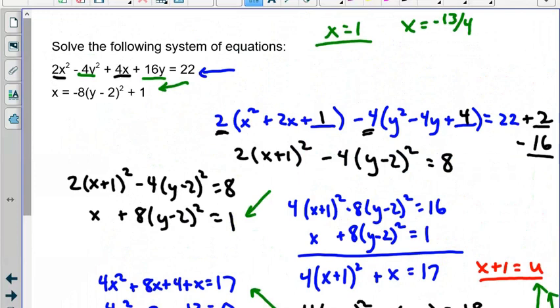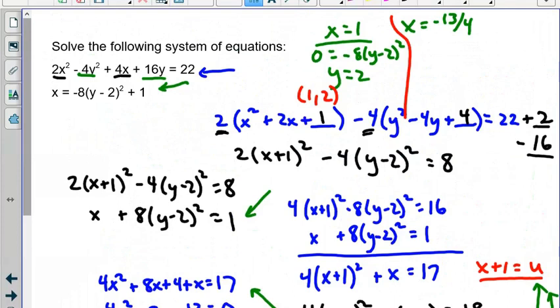So if x equals 1, we have 0 equals negative 8 times y minus 2 squared. That's what happens after you subtract 1 from both sides. So clearly y would have to equal 2 in that case, because the only way that that would equal 0 is if y equals 2. So there's one solution when x equals 1. Remember that for when we get to the graph. It is 1 comma 2.